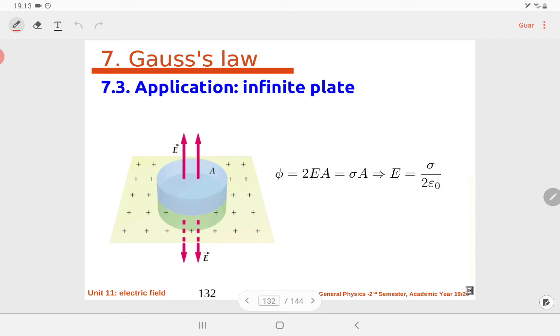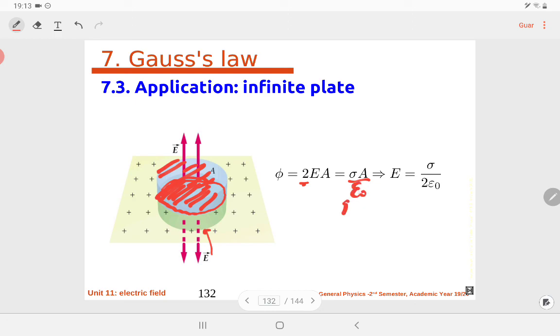So the total flux across this surface is going to be twice the electric field times the area. Why twice? Because we have two lids, the one above and the one below. Okay, so this gives you this two, and this has to be equal to the total charge inside that surface. The total charge inside that surface is given by the portion of the plane captured by the cylinder, which is just sigma times the area, divided by epsilon sub 0.